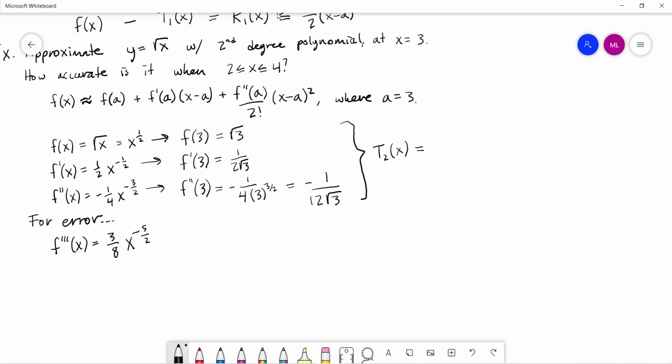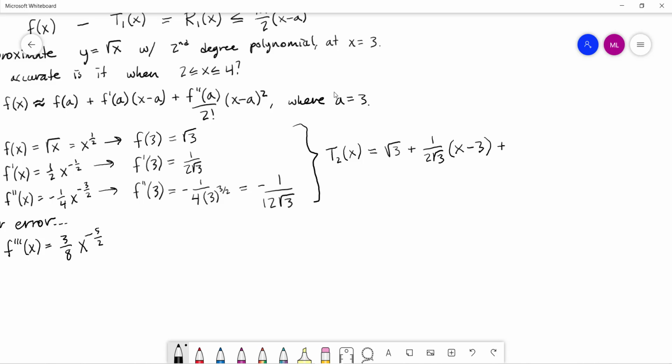But it's going to be the square root of 3 plus f prime of a, so this value, 1 over 2 root 3 times x minus 3 plus the second derivative that we had up here. We're going to pick up an extra factor of 2 in the denominator from this, so it's going to be a negative 1 over 24 root 3 times x minus 3 squared. So this is our ugly, ugly approximation.